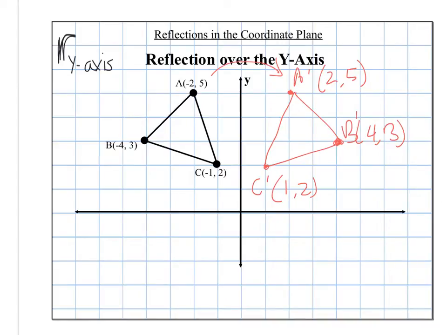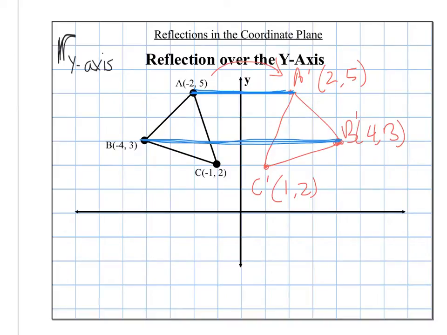Now there's a couple things that I want to point out before we head to our rule. I want to pay close attention to this blue line here. This blue line is connecting corresponding points. I can draw that line between B and B prime. I can draw the line between A and A prime, as long as I'm connecting 2 corresponding points. Very, very important is how that line relates to the line of reflection.